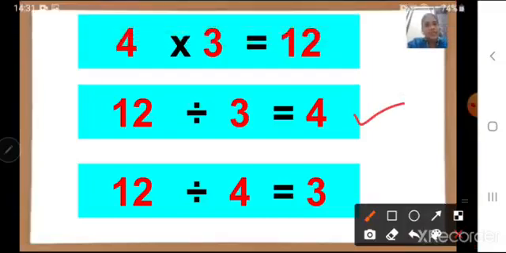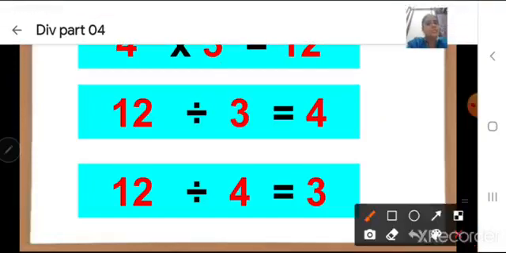When we divide the product by one of its factors, correct? Can you see here? Our first one is 4 into 3 is equal to 12. Okay, now we are dividing by one of the factors, which is number 3. The answer, or the quotient, is the other factor. Okay, this is how multiplication and division are related to each other.